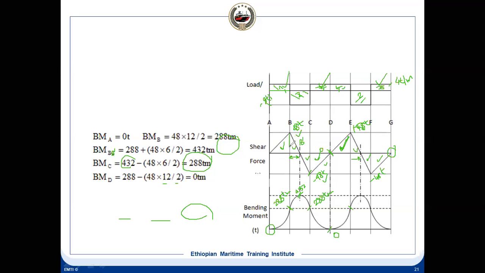So the area of this triangle and this triangle will be the same. This is also the same, and this is also the same, because the dimensions are the same. So what will happen, if it is 0 and this is the area which is plotting, this will be 288 ton meter.